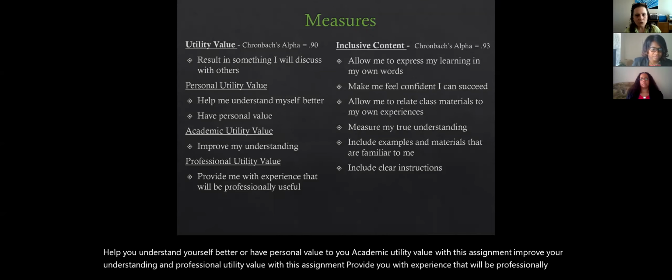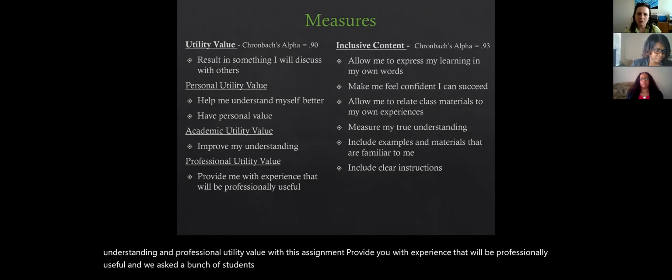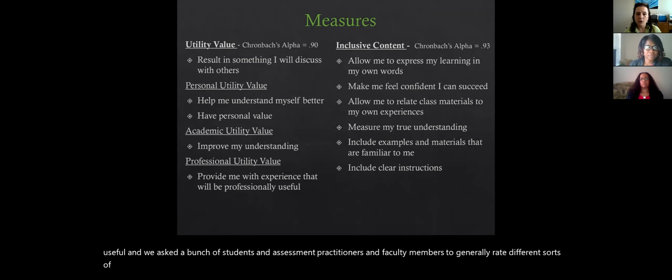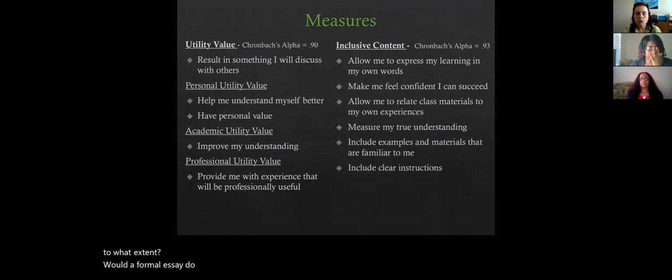And we asked a bunch of students, assessment practitioners, and faculty members to generally rate different sorts of assignments, like the ones Harriet described on the last slide. To what extent would a multiple choice test do these things? To what extent would a formal essay evoke these feelings in you? To what extent would self-reflective writing do that, et cetera.